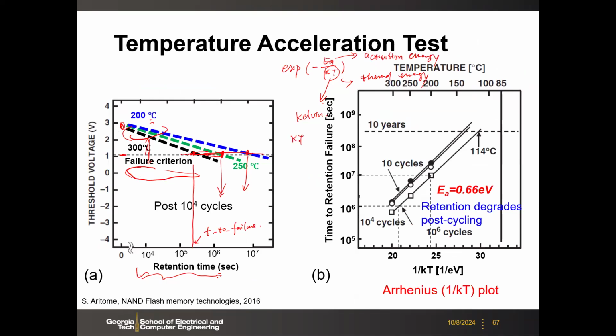You know kT at room temperature is 0.026, or 26 millivolts, or 26 milli electron volts. Or kT over q, the thermal voltage, will be 26 millivolts. If it's kT, the thermal energy, it will be 26 milli electron volts.